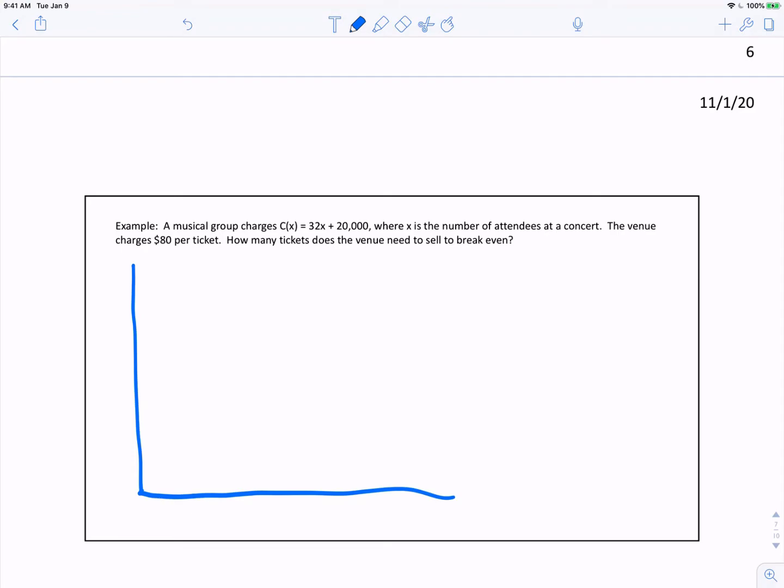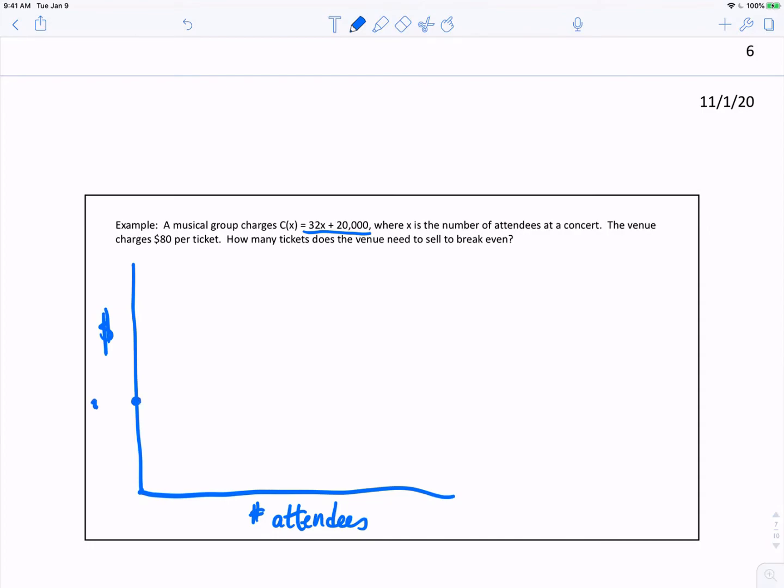And so if we think about the number of attendees and the money involved, if we graphed this first equation, it has a y-intercept of 20,000 and a positive slope. So this is what C of x is going to look like. And the slope is 32.